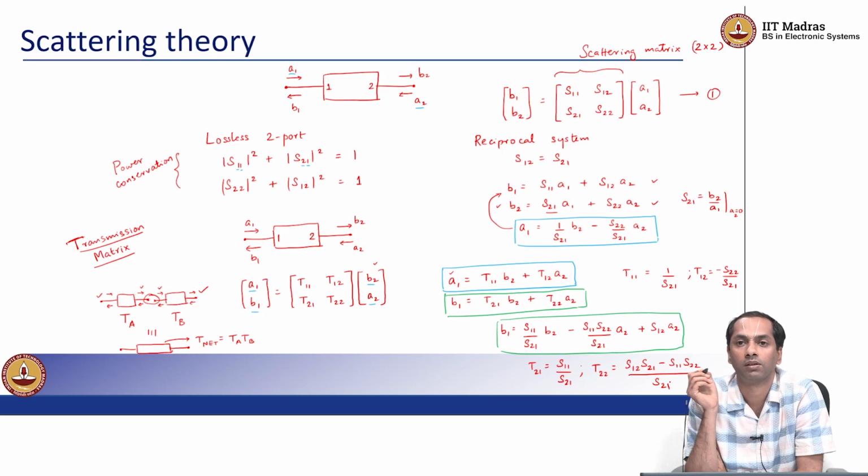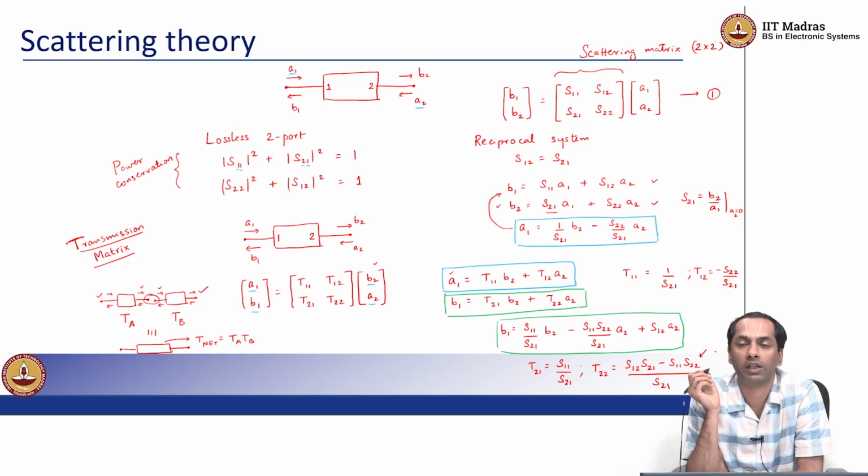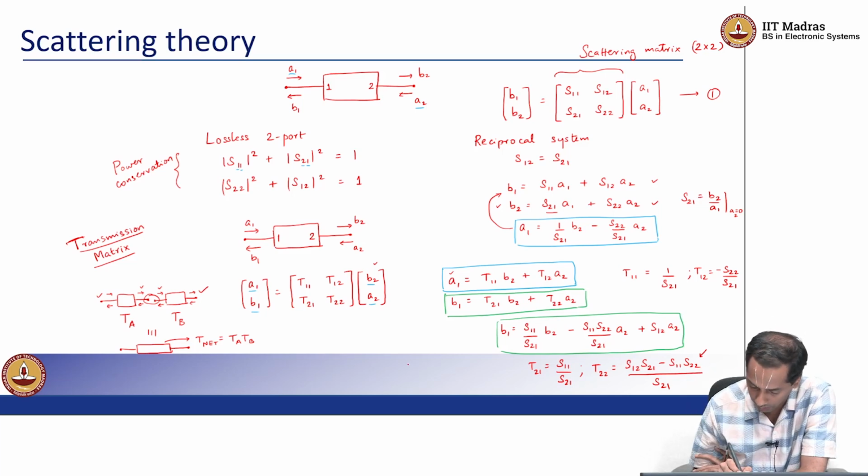For those who have done some matrix analysis or matrix theory in the past, you may be able to recognize the numerator here. For a 2 by 2 matrix, that is actually the negative of the determinant. So I can also write T22 as minus determinant of S divided by S21.